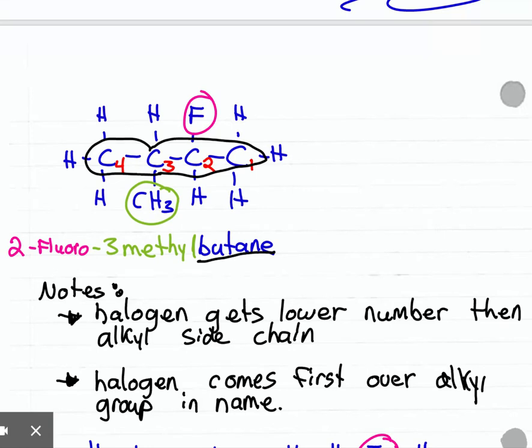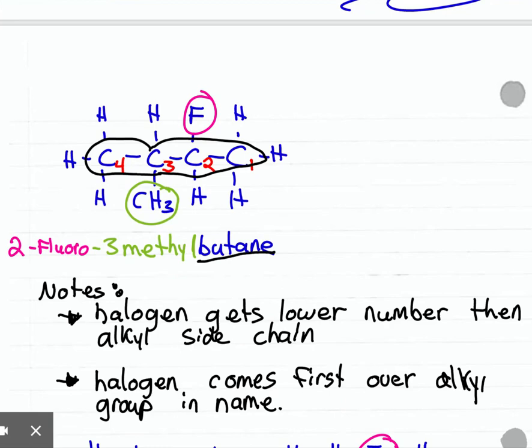The reason I am numbering with carbon 1 here is because that gives fluorine the position of the second carbon. If I numbered this carbon number 1, fluorine would be on carbon number 3. And our rule is the halogen gets the lower number. So our name is 2-fluoro because the halogen comes first in the name, 3-methyl because we have a methyl group on carbon 3, butane.